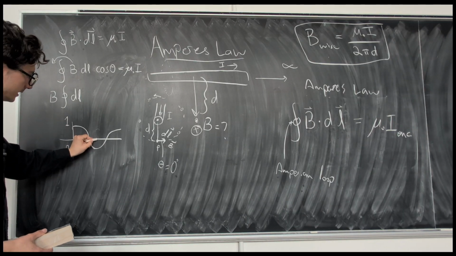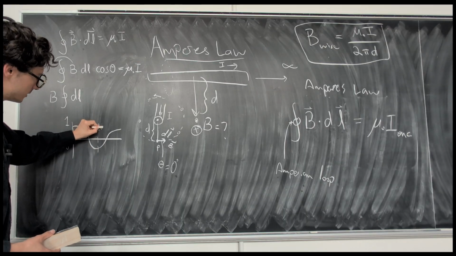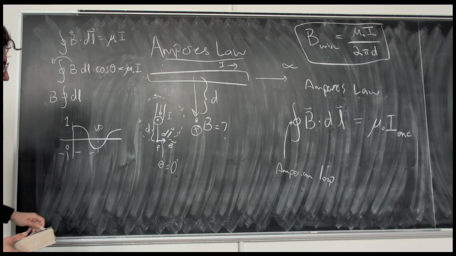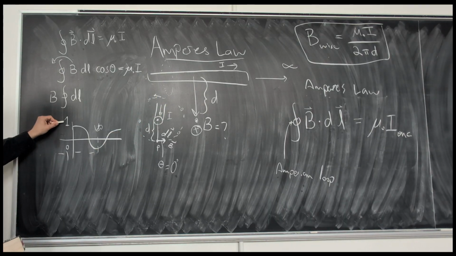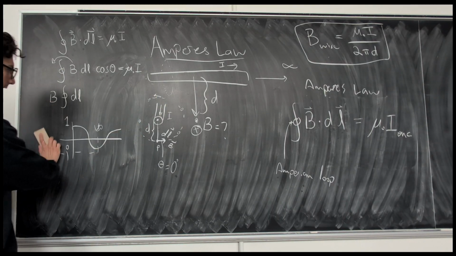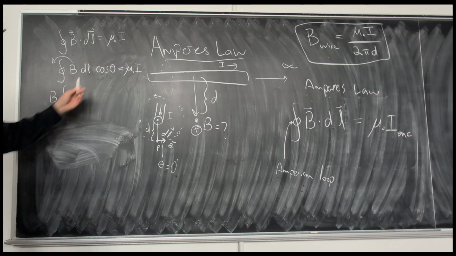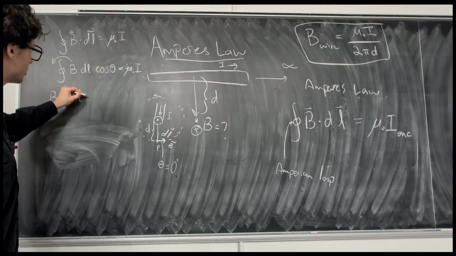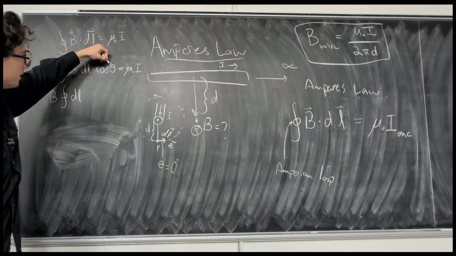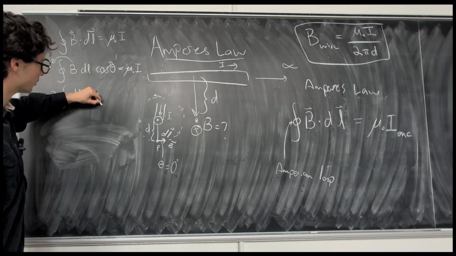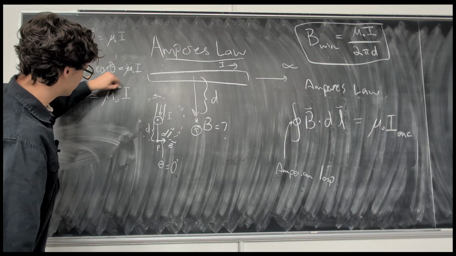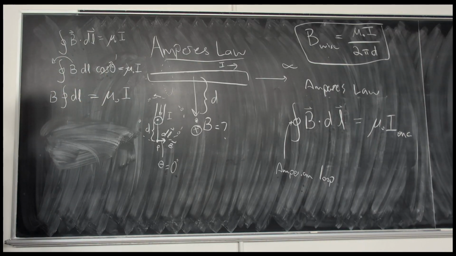If we go all the way here, this is 180 degrees. Cosine is equal to -1. So depending on how you define your Amperian loop, you might have a negative sign, you might have a positive sign. For this case, it doesn't matter. Basically, plug in 0 for theta, cosine theta equals 1. So this whole thing equals 1, and I don't have to write it here, and I've simplified the equation a little bit more. I can rewrite the rest of the stuff here, and we have this equation.